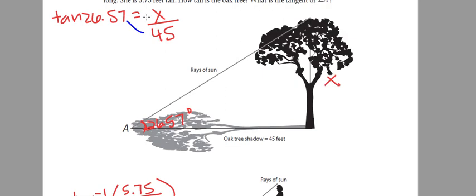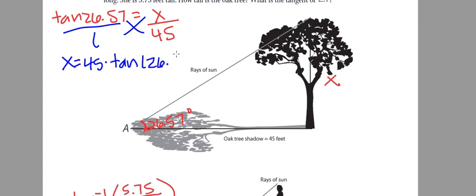I cross multiply and get that x is equal to 45 times the tangent of 26.57, and that gives us about 22.5 feet tall.